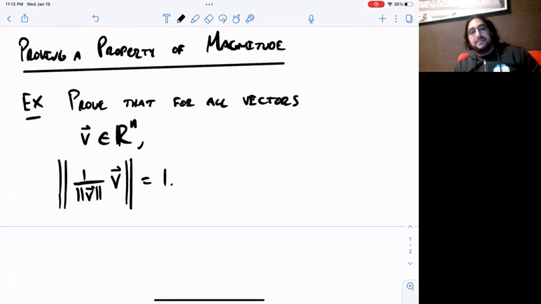Let's prove this property. What we're proving is that if you take a vector and divide it by its own magnitude, it produces a vector of magnitude 1.